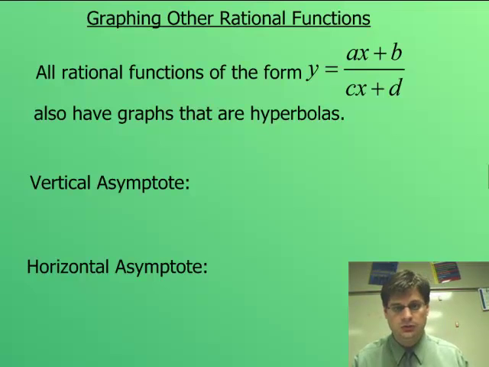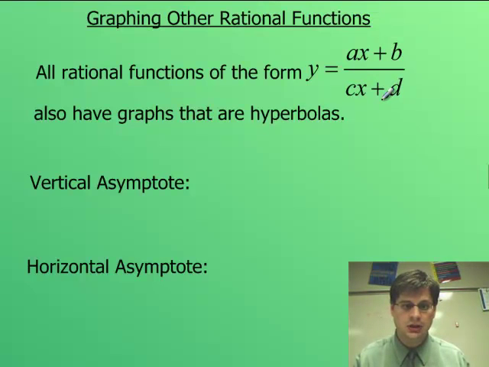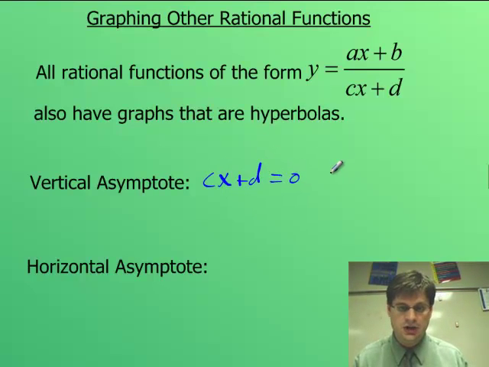Now, the first one, the vertical asymptote, can easily be found because we can't have a denominator of 0. So to find that, you would just have to set this denominator equal to 0 and figure out what that's going to be. So if you were to work that out, you would end up getting, let's see, that's going to be negative d over c.